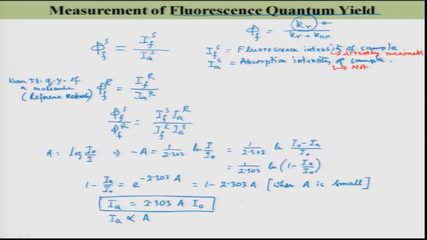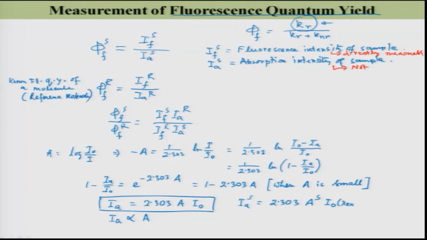I can write I_A of my sample is equal to 2.303 A of my sample into I_0, this is my excitation light intensity, right, for a particular lambda excitation. So, do not forget that. So, this is for the particular lambda excitation, right.